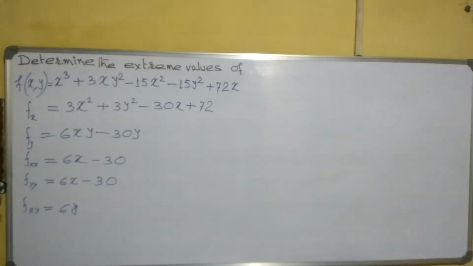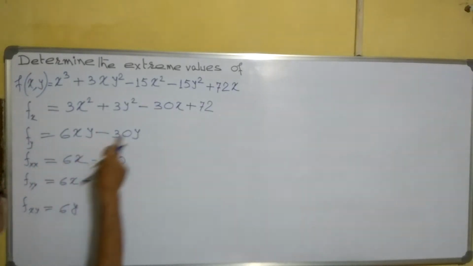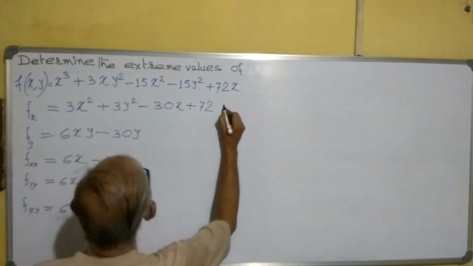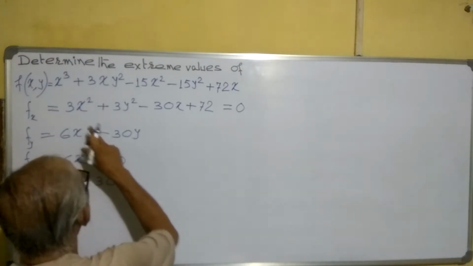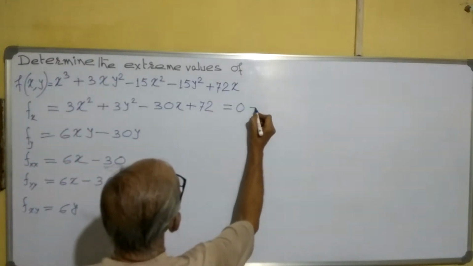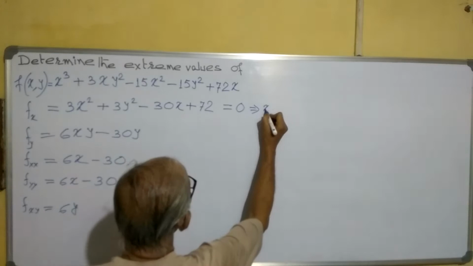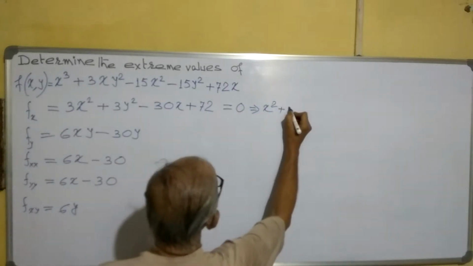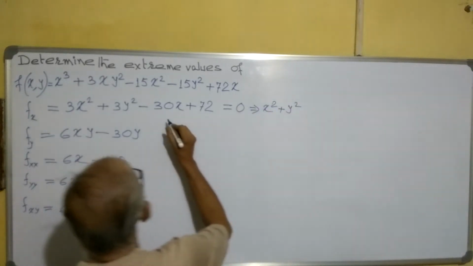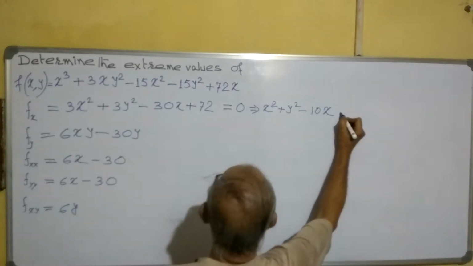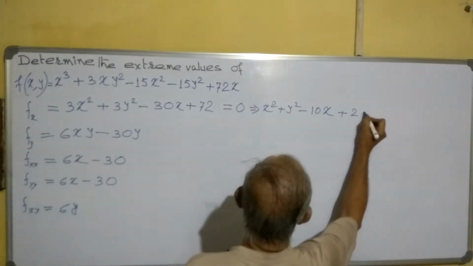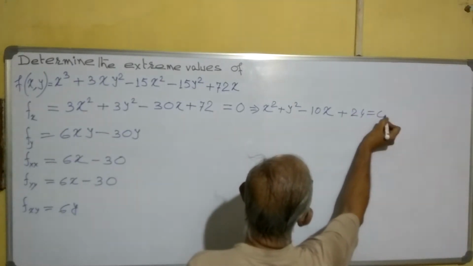Okay. Now you know for extreme values, fx equals 0, fy equals 0. This one equals 0. If we cut by 3, then what can we say? x square plus y square minus 10x plus 24 equals 0.